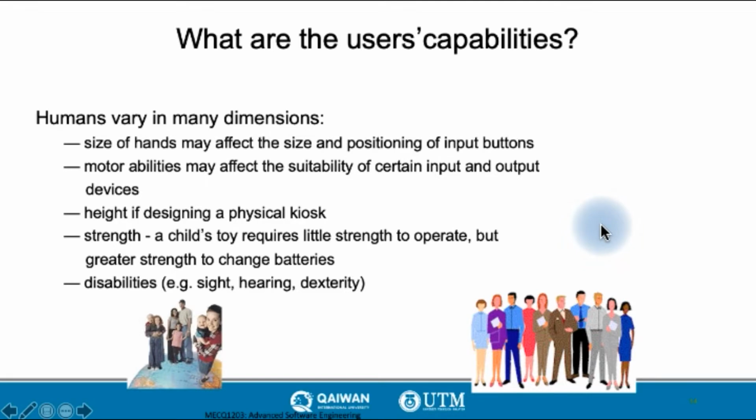So I should know my target market and the size of the hand, for example, the motor ability and many factors that suit certain input and output devices. Also the height: if I want to develop a product for Asian people, they are usually shorter than us. So I should know people's physical heights, and the strength.